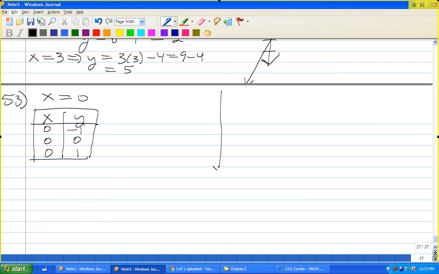So the sketch is going to look like x is 0, y is negative 1, 0, 1.